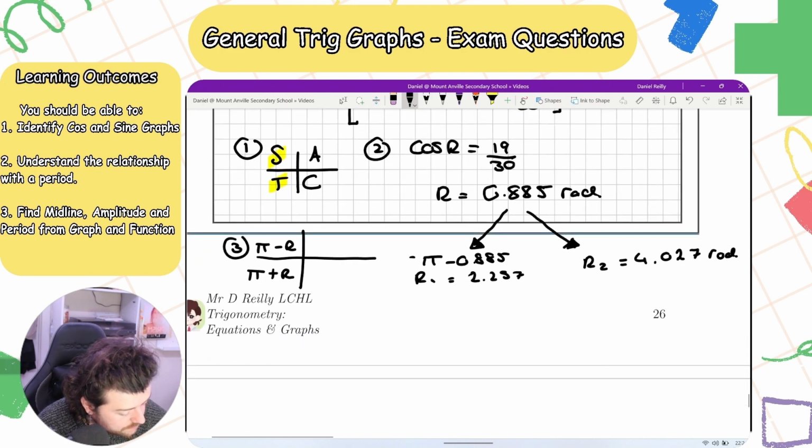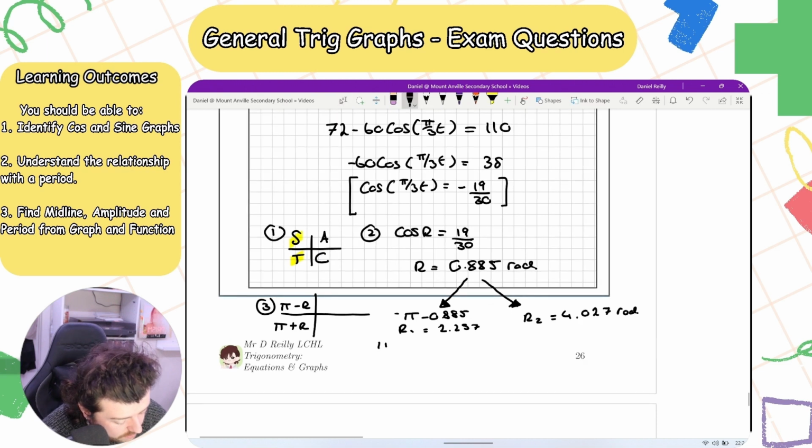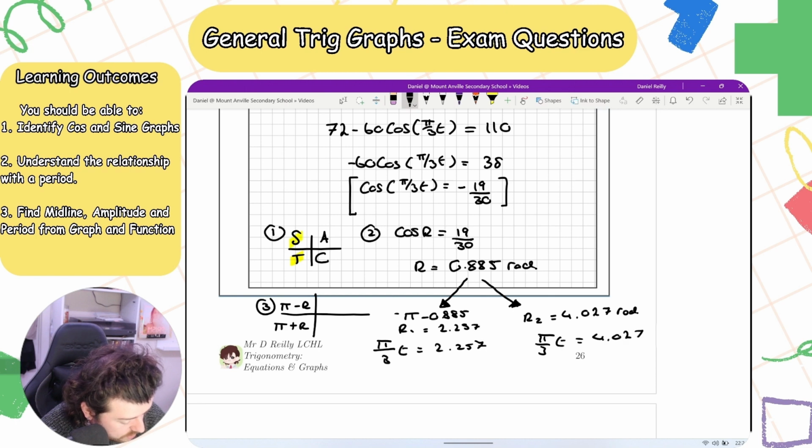And finally, we need to solve for t. So let my angles equal pi over 3t. Pi over 3t is equal to 2.257. Pi over 3t is equal to 4.027. Divide both sides by pi over 3.